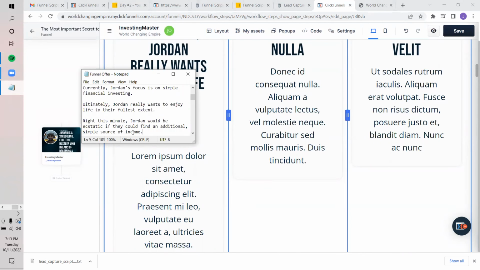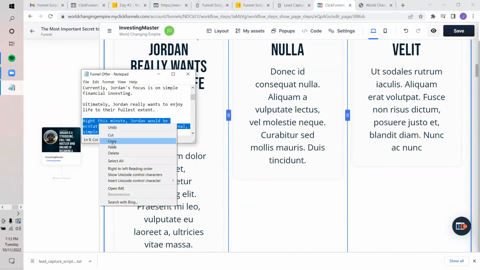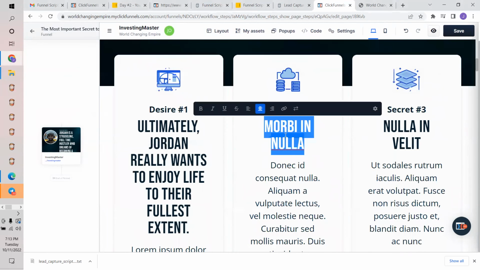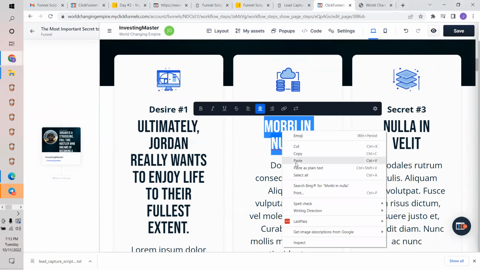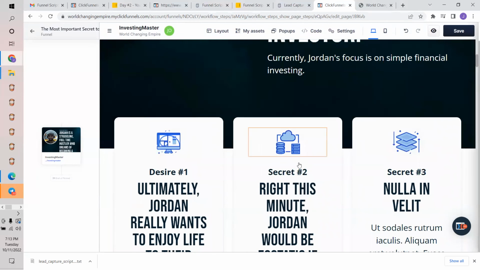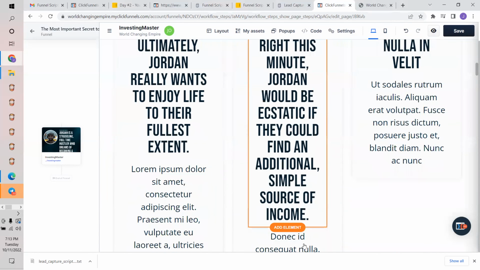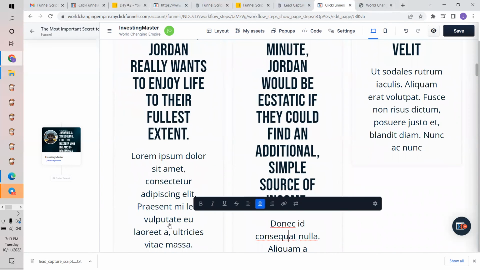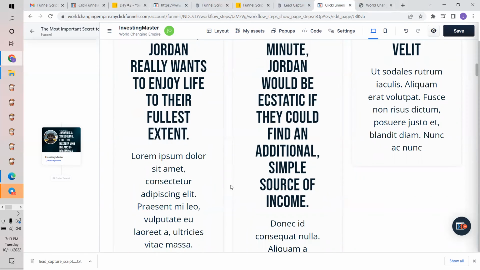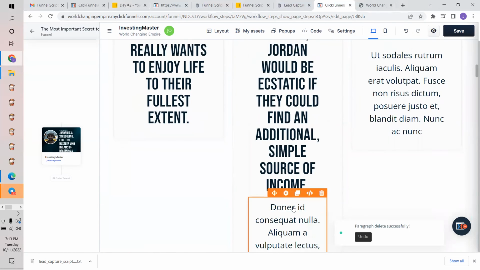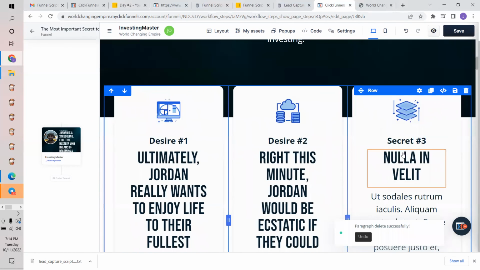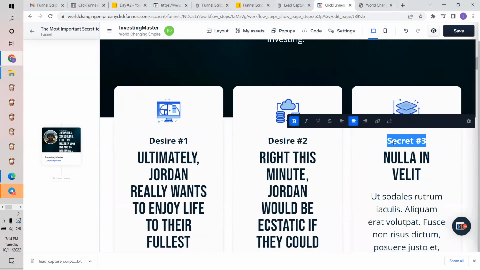Right this minute, Jordan would be ecstatic if they could find an additional simple source of income. And that's desire number two. Delete that, delete that. Let's come to desire number three.